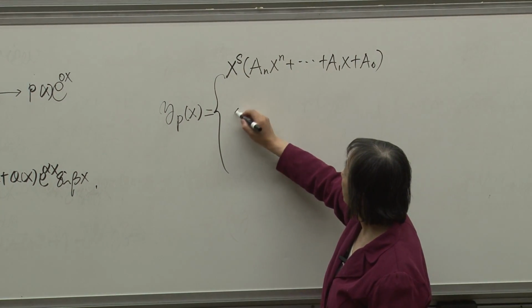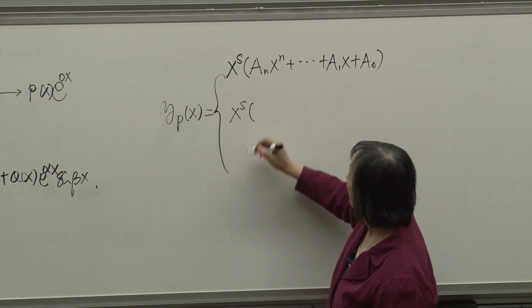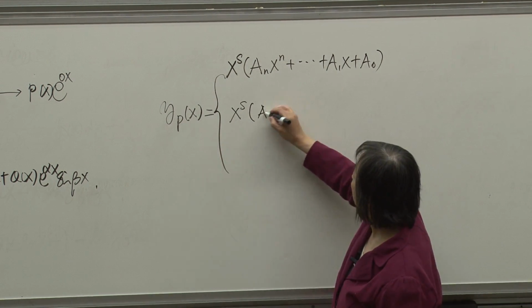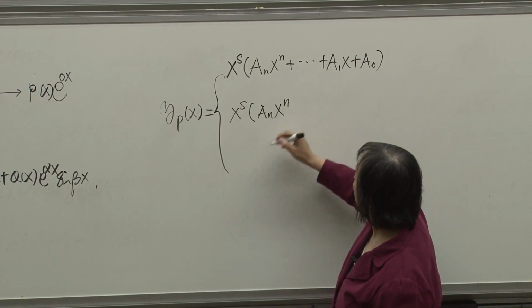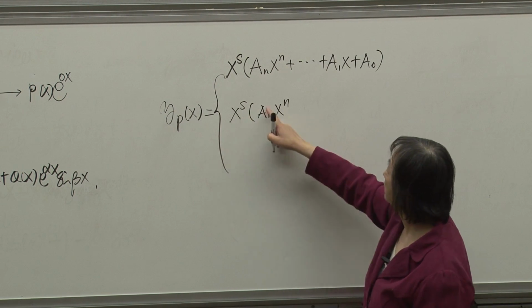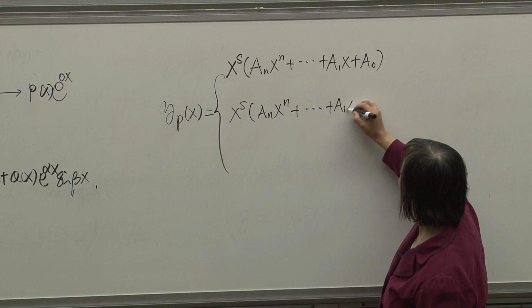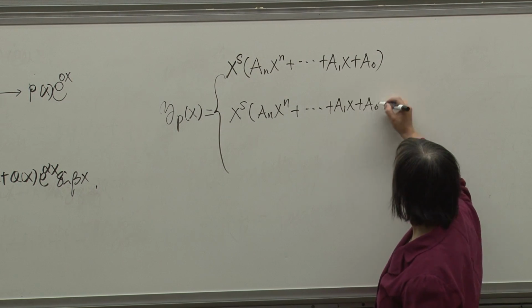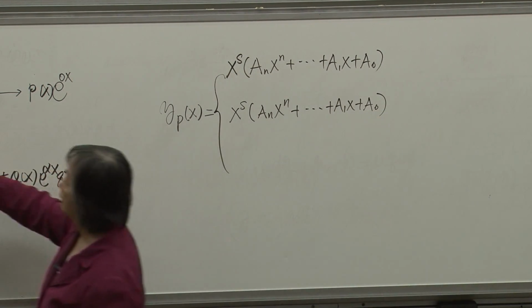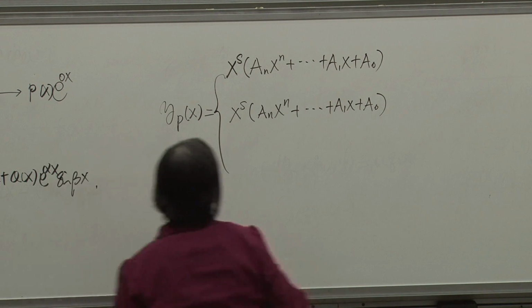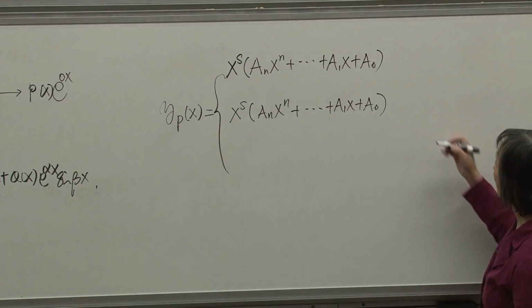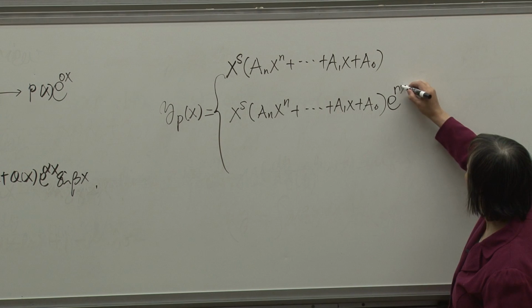For the second case, y_p is still x^s times a polynomial of degree n, the same as the degree of the polynomial contained in g of x, multiplied by e^(rx).